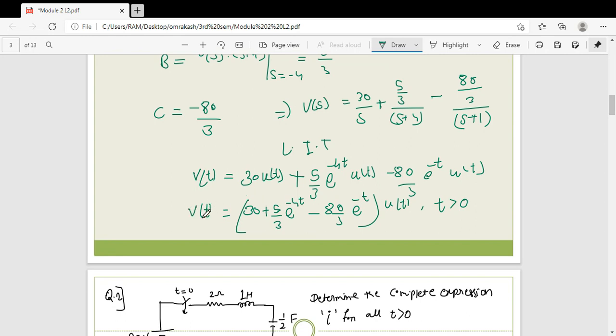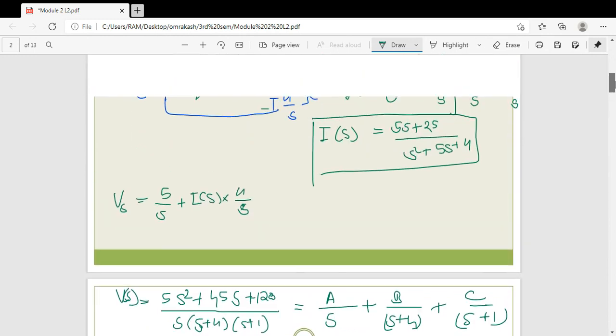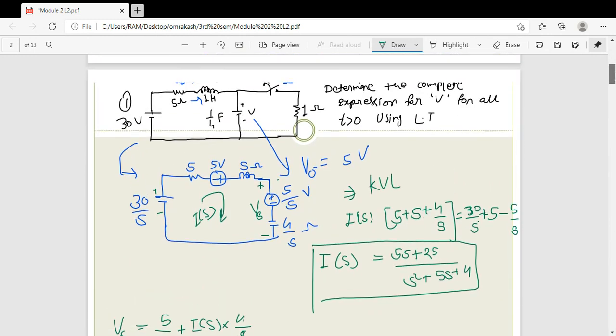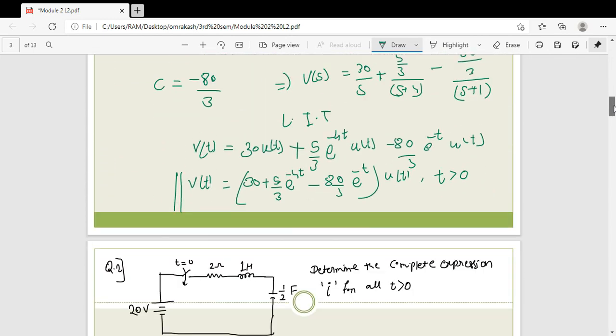So this is the equation for voltage. This is the equation for V of t. Similarly, you need to find the expression whenever the question asks you to find the voltage expression or current expression. By this process, you have to solve the question and find the equation.